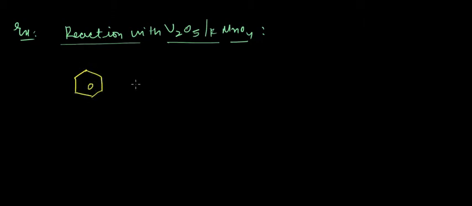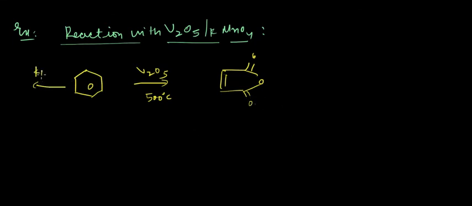When we react this with V2O5 at 500 degrees Celsius, we will get something like an anhydride. Okay, and when we react with KMnO4, no reaction takes place.